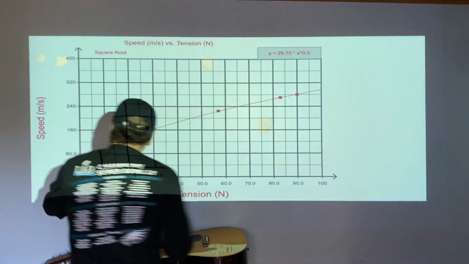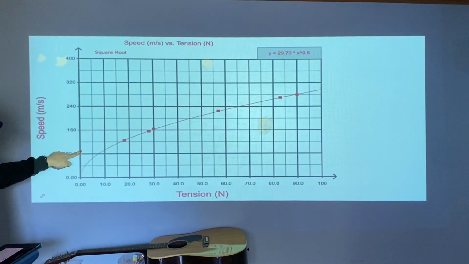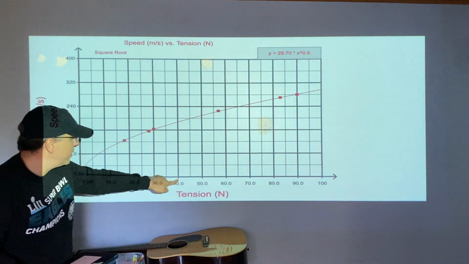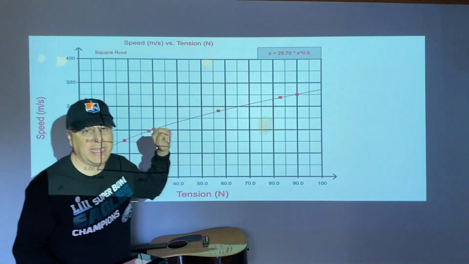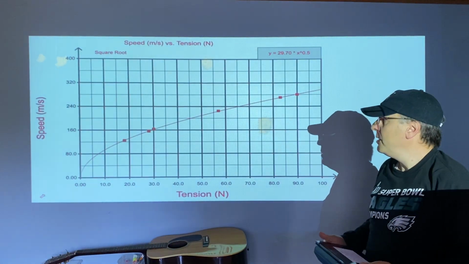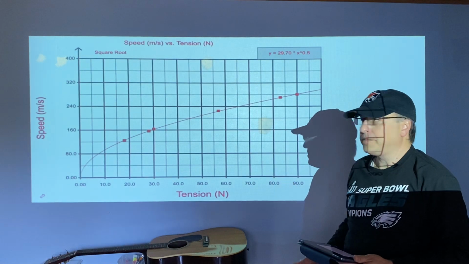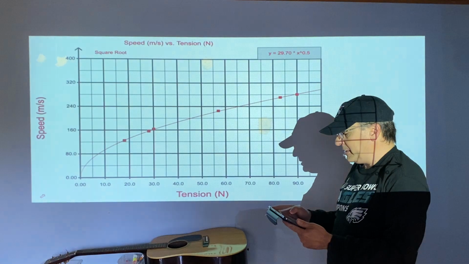We can see that if we're at 10, we've got a speed of around 90. And if we go to 40, we got a speed of around 180. So 4 times the tension to double the speed. All right, so that was our speed versus tension graph.